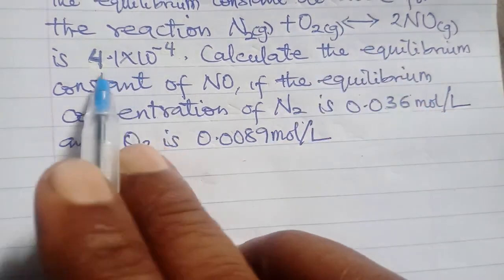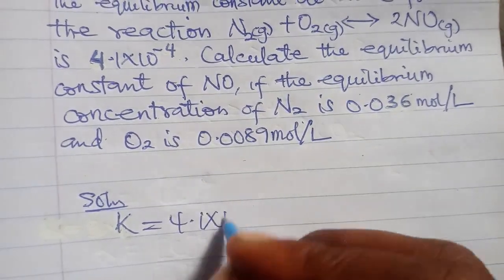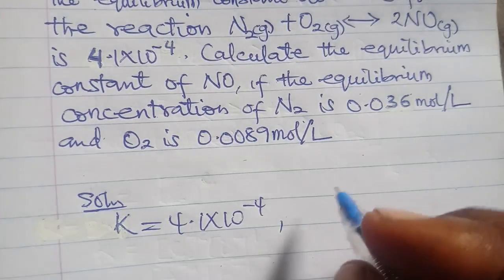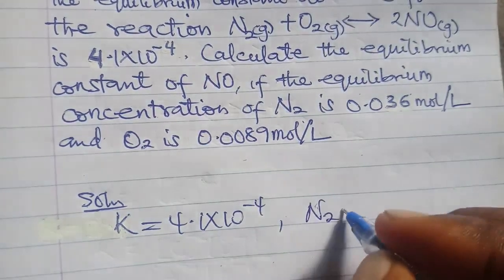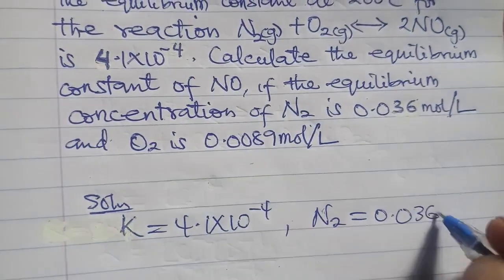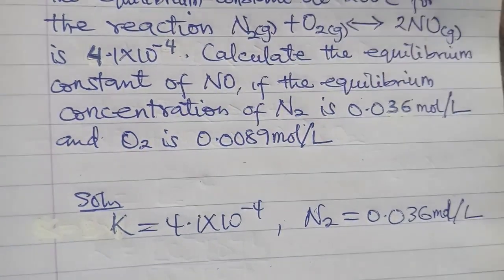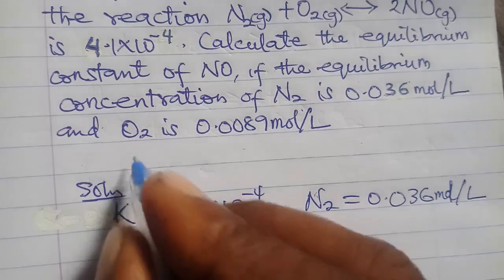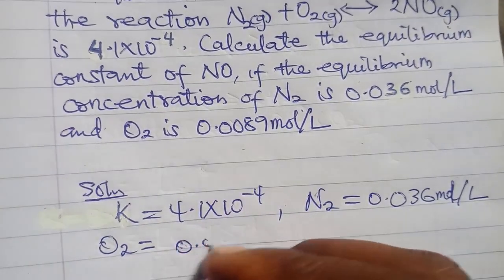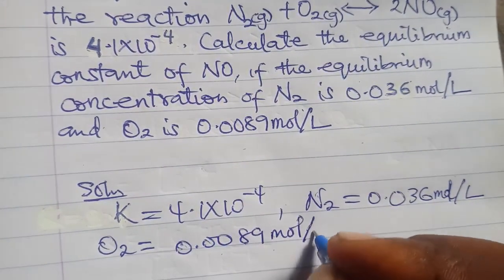The equilibrium constant is K equal to 4.1 times 10 raised to the power minus 4. Then that of N2 is 0.036 mole per liter. Then that of oxygen is 0.0089 mole per liter.